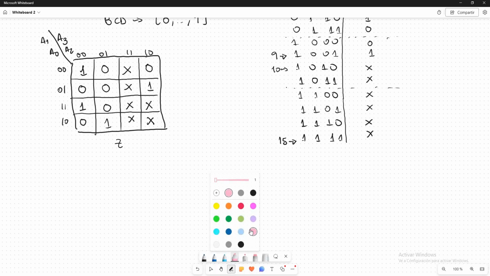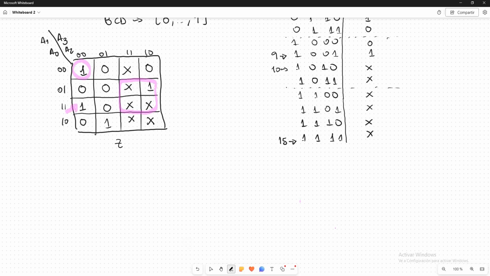We are going to use, for example, this color. So we have to cover the ones. In order to cover this one, I'm going to use the X to form a large prime implicant. This one here cannot be grouped with another one.